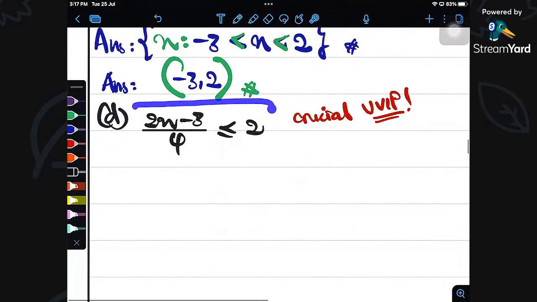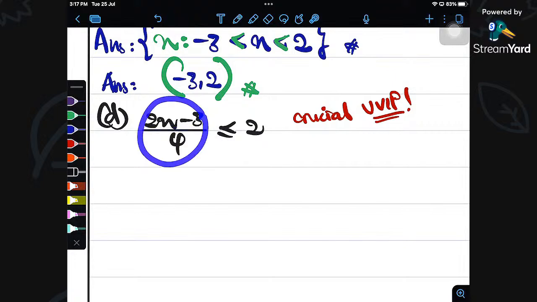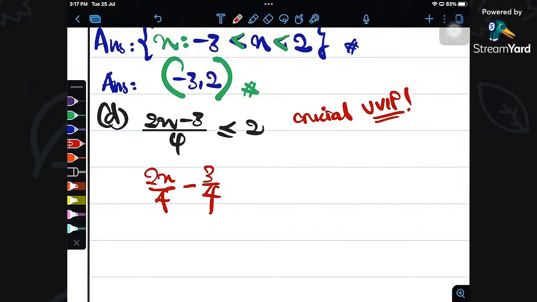Before I start, some of you might think, madam ni macam rational, ratio kan, ada per ni kan. Tapi sebenarnya dia juga dikenali sebagai linear inequality. Kenapa dia dipanggil sebagai linear? Because this is still linear. Kalau you bahagikan, you asingkan, this is still called linear, isn't it?